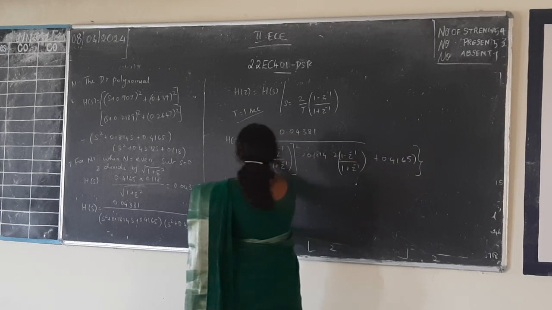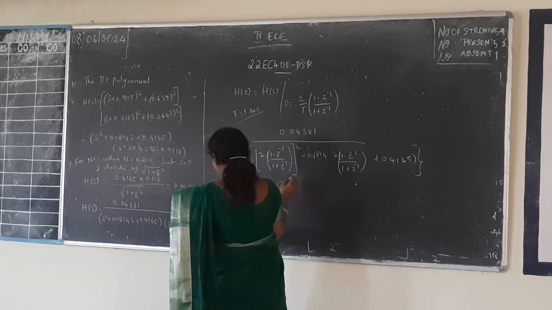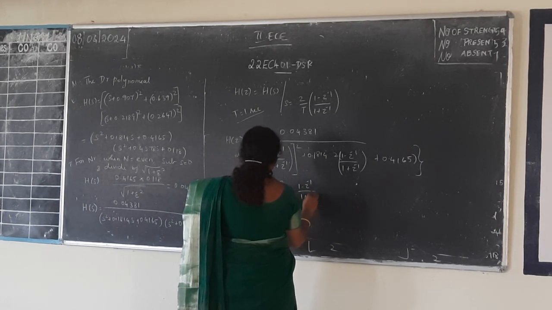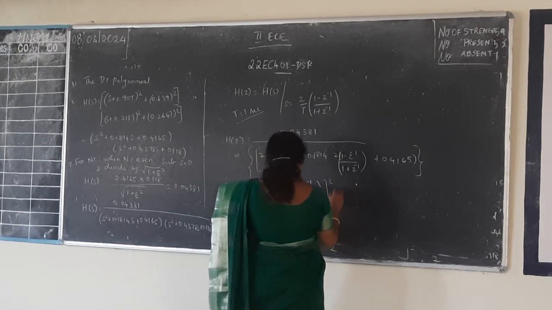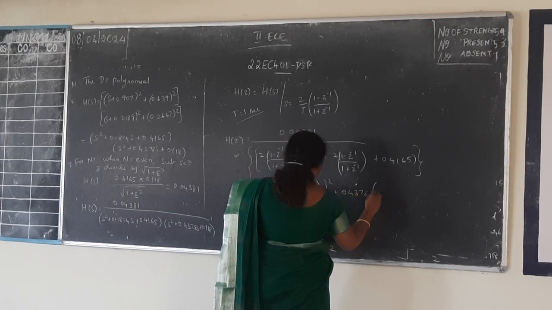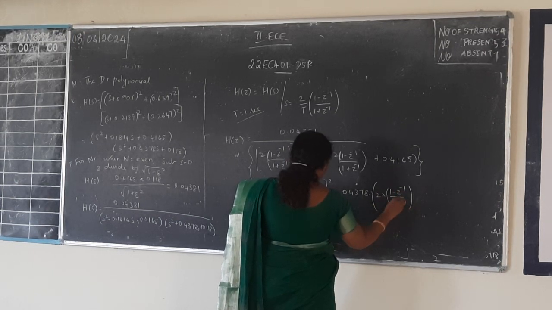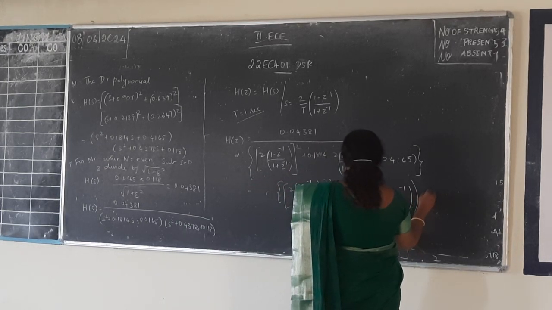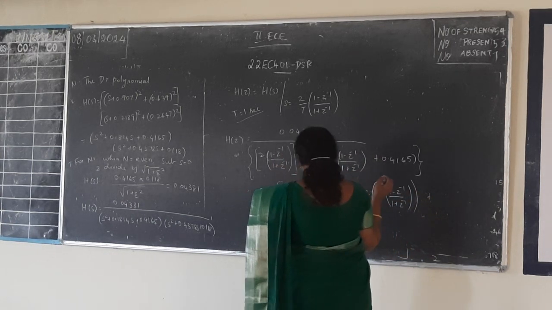So this is one part. The other one is s square again, 2 into 1 minus z power minus 1 divided by 1 plus z power minus 1, the whole square, plus 0.4378 into 2 into 1 minus z power minus 1 divided by 1 plus z power minus 1, plus, and the last term is 0.118.